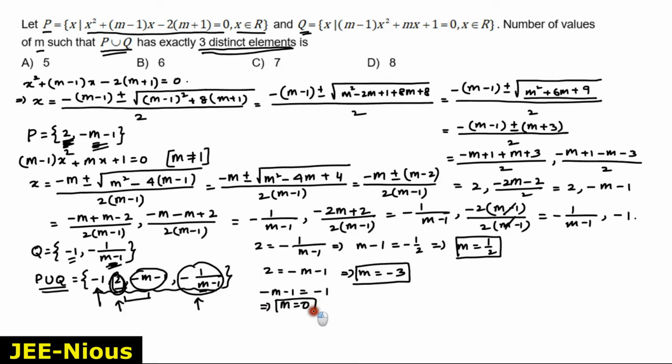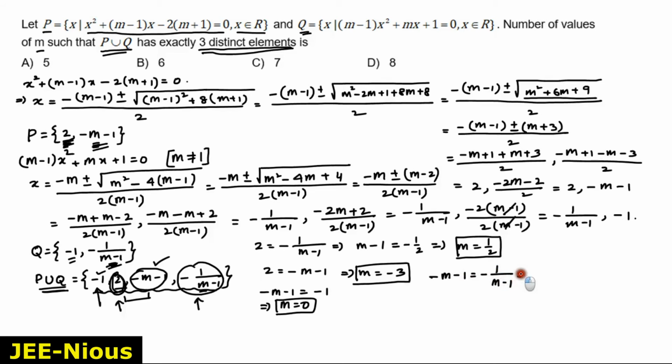So if m is 0, then this element and the element minus 1 are identical. So out of these 2, we have to choose only one. In that case also, your P union Q will have exactly 3 elements. Is it clear?